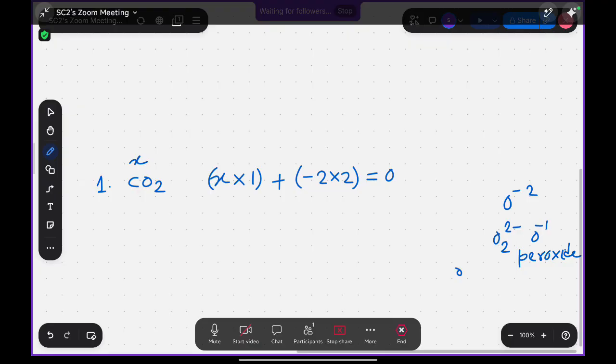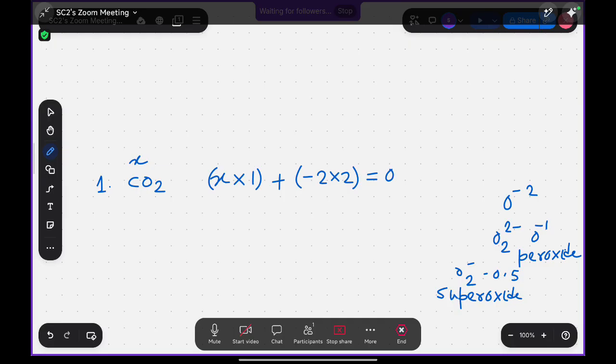And whenever we say O2 minus, that is called superoxide. That means each oxygen atom will have an oxidation state of minus 0.5.